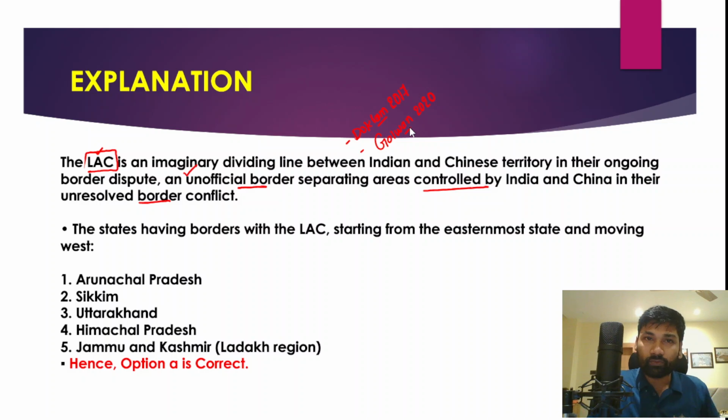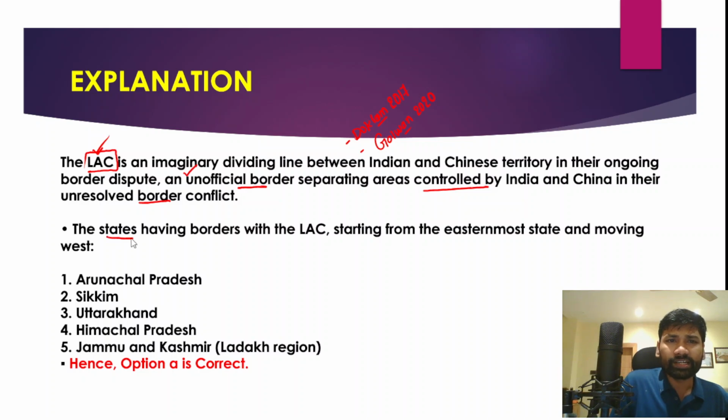So these kinds of disputes centered around the Line of Actual Control take place very often, and the border dispute between India and China along the LAC is one of the major problems, as both countries have been looking to ensure peace, tranquility and stability in the Line of Actual Control.